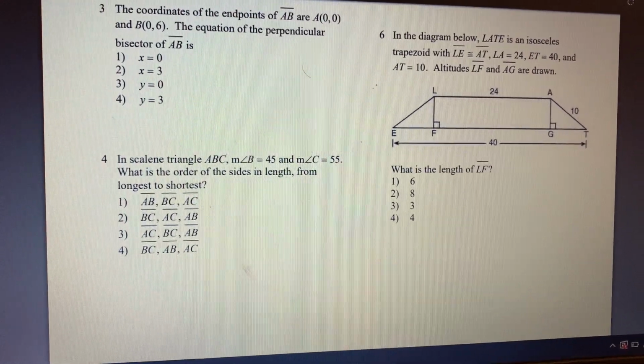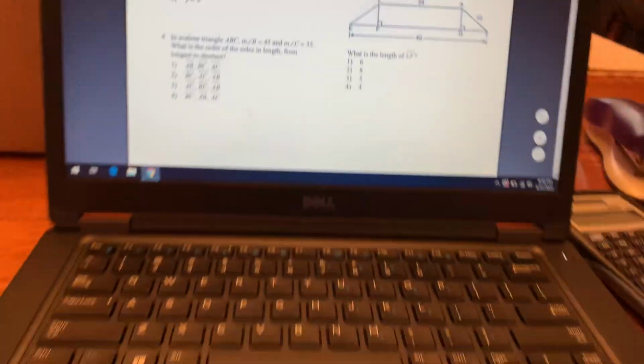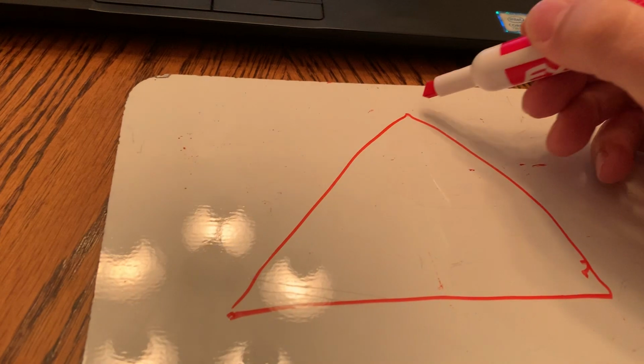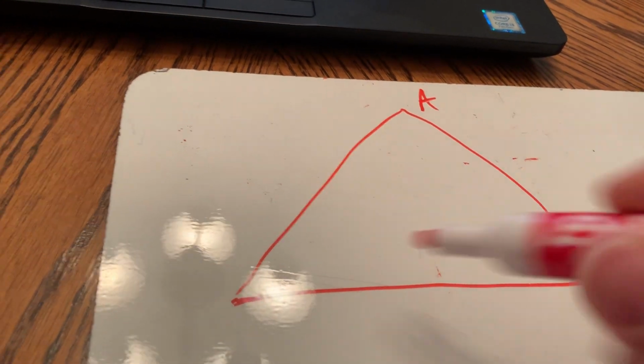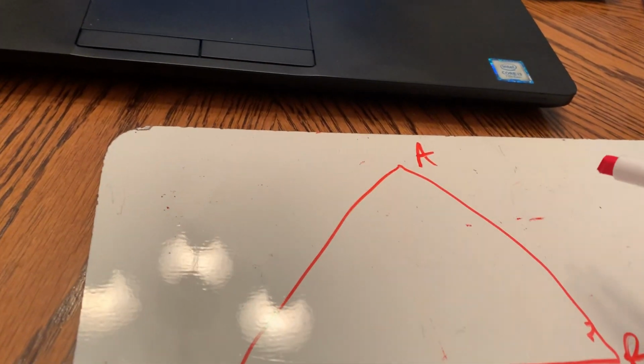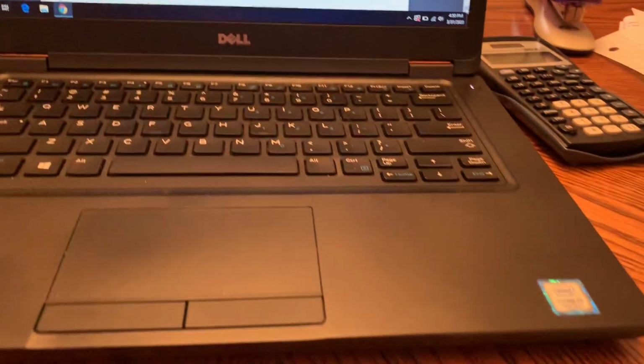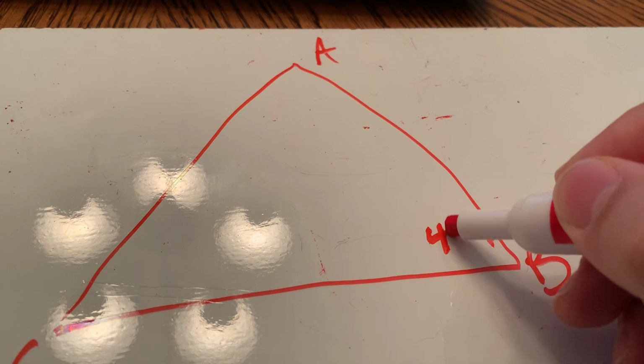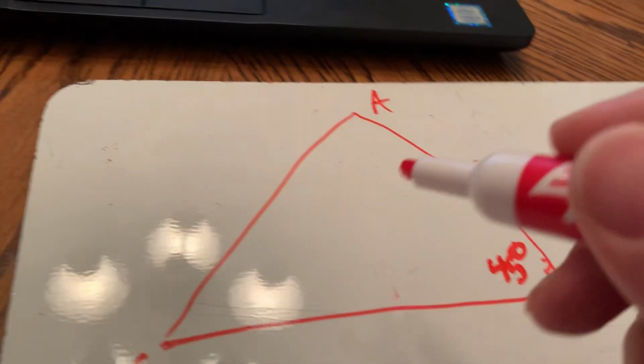So I'm just going to draw a triangle. All right, here's my triangle. Put A up there, B up here, C over here. It says B is 45 degrees. It says C is 55 degrees.